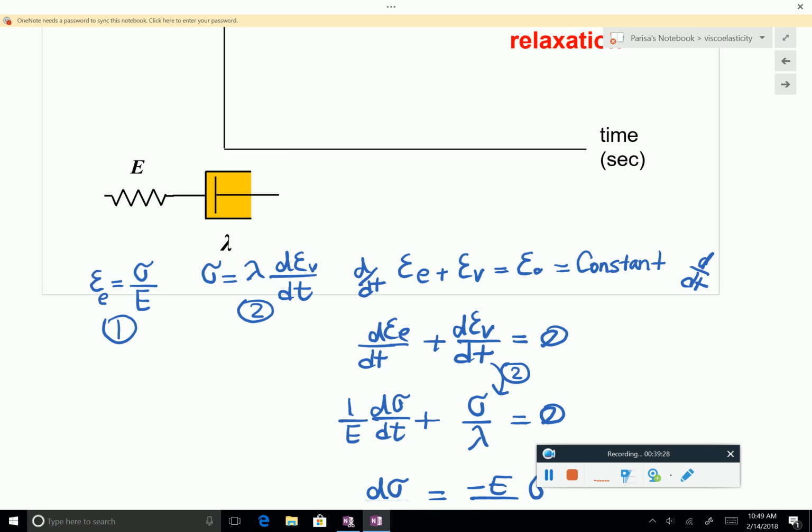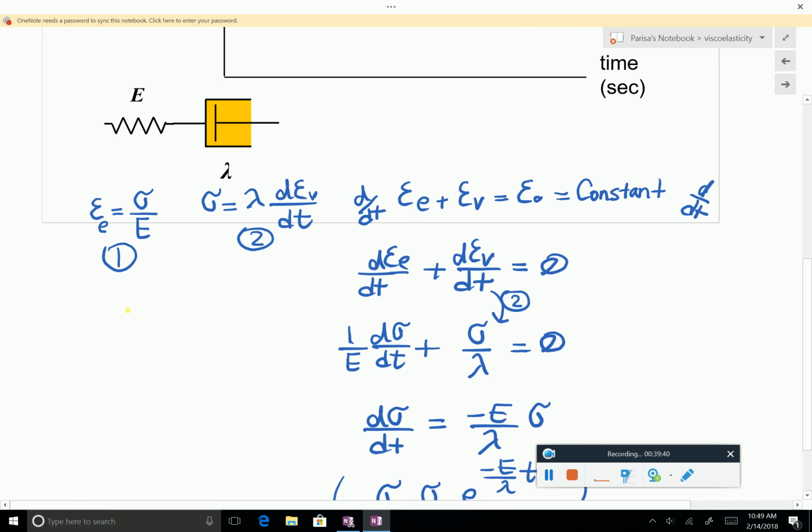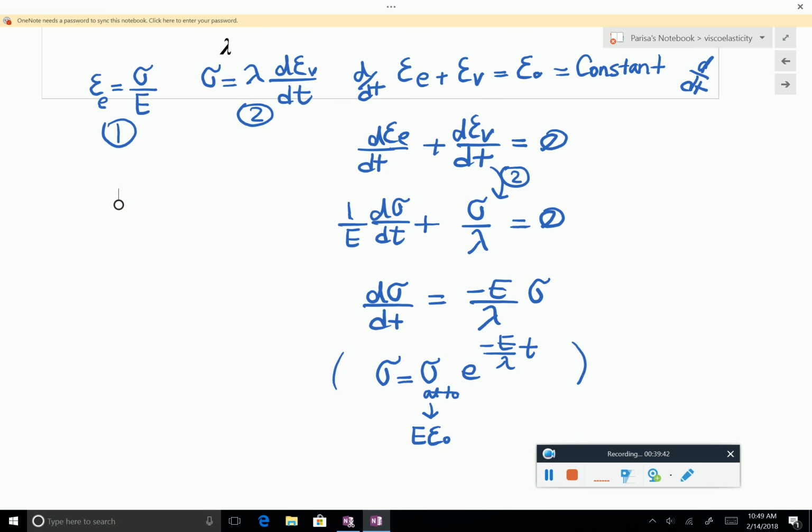I write the derivative of the elastic and viscous strain, and then I use these two models to write these two equations. Then things become easier, because then you have a differential equation where you have only a stress and time. And this is what we were looking for. We wanted to see if we keep the strain constant, what happens? And then we have this.